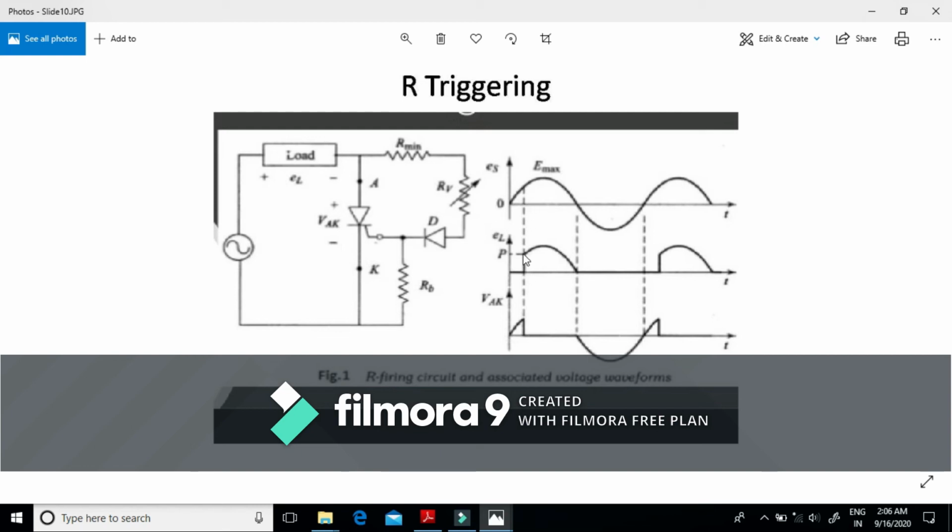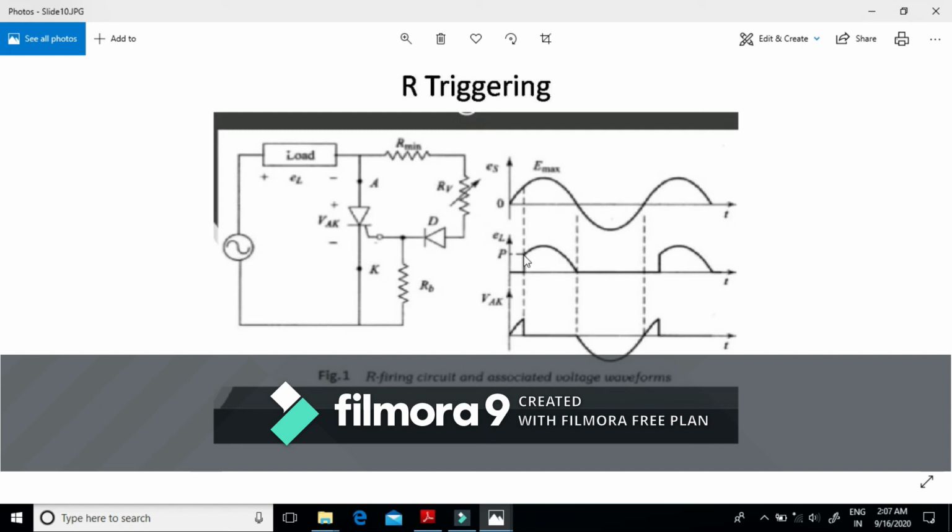Once the SCR is triggered at an angle of alpha, the current will flow. The SCR is turned on, so the current will flow through this path, through this load, and the voltage across the load, that means this VL, will be equal to our source voltage.